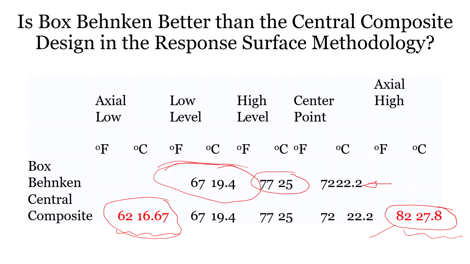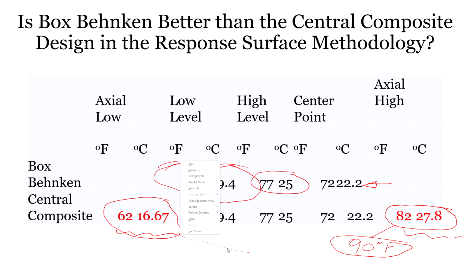Then this number would become almost 90 degrees Fahrenheit. You don't need to study this temperature, that this is uncomfortable. So this is the biggest issue with the central composite design. It needs axial points or star points, which is not justifiable by any means.